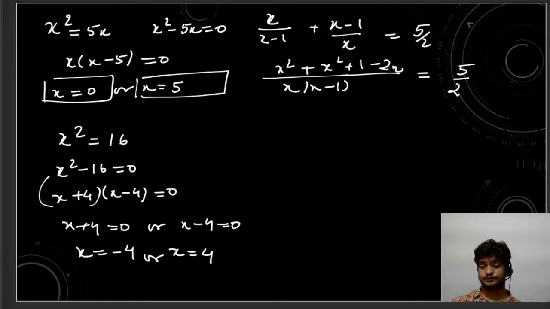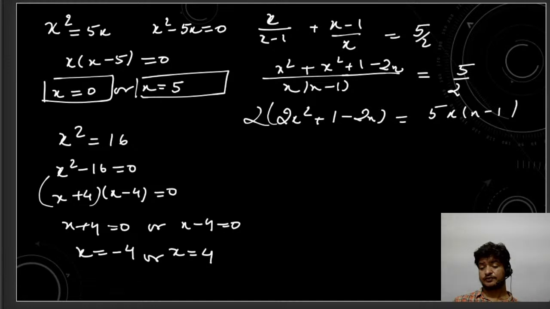What you will do? You will write this one as 2 multiplied by x square plus 1 minus 2x, that is equal to 5x multiplied with x minus 1.